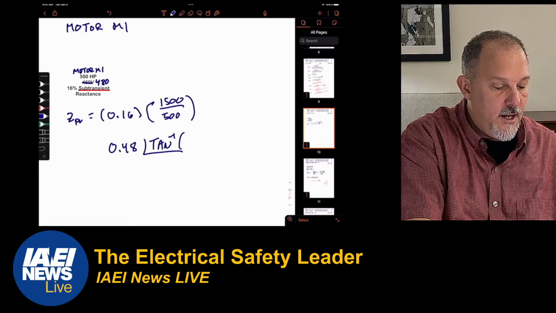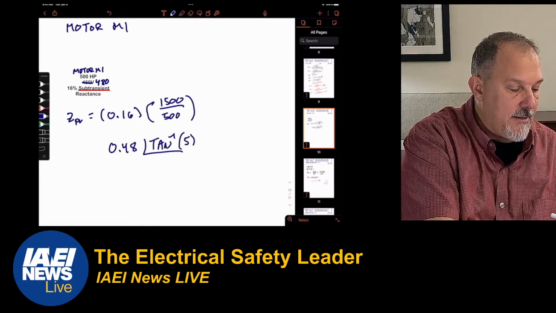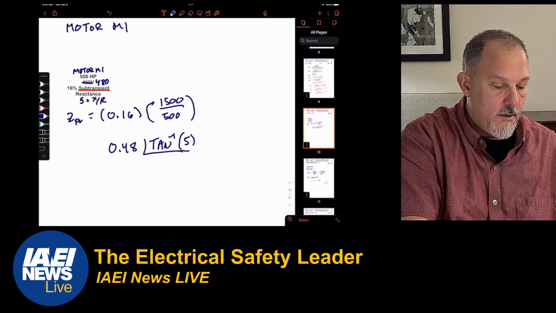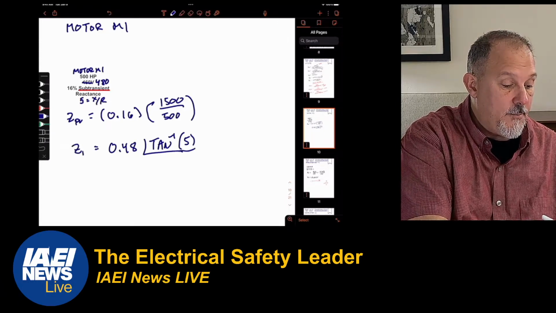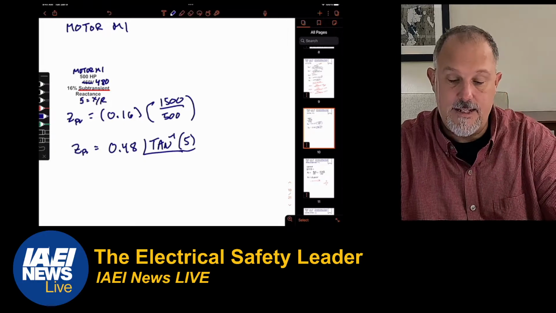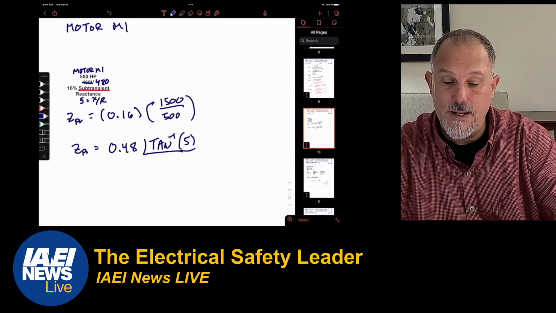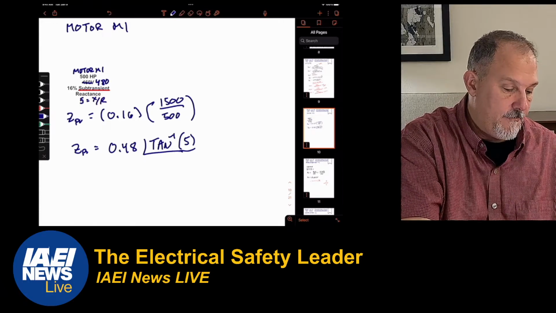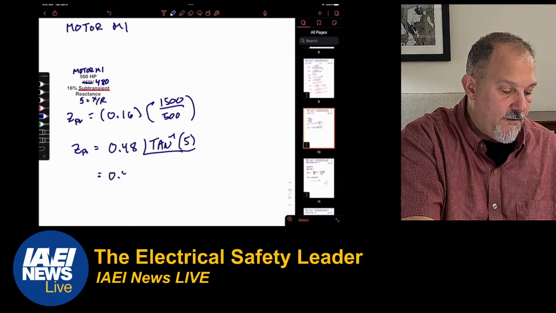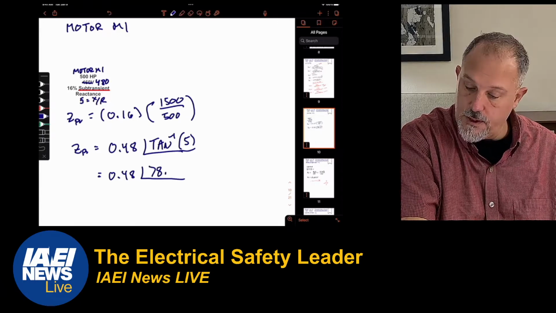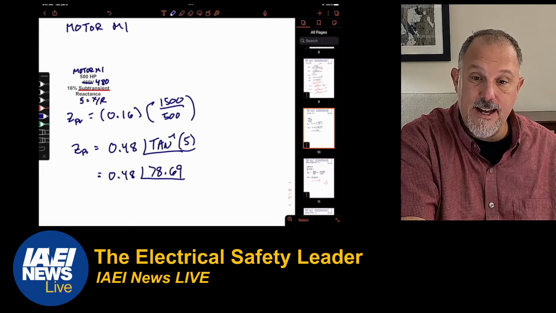Inverse tangent of 5, because I said my 5 is equal to the X to R. For my Z per unit, I take the number 5 and do an inverse tangent, 78.69 degrees. So 0.48 at an angle of 78.69 degrees.